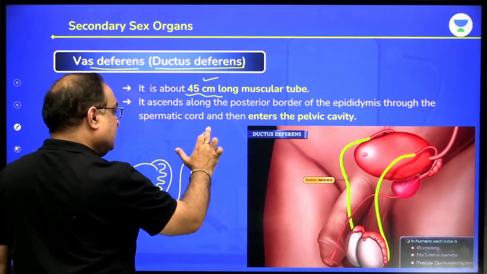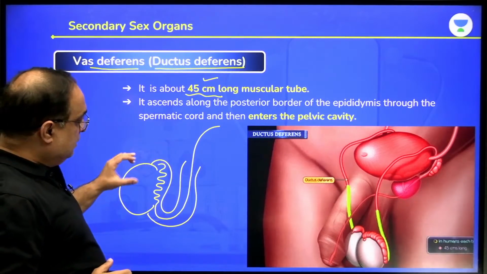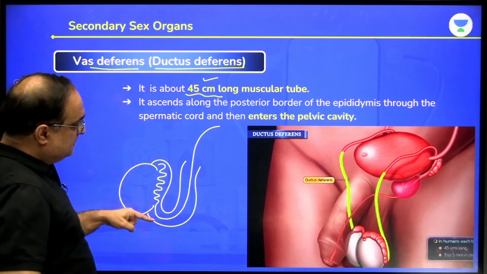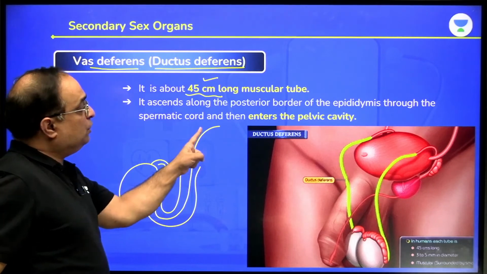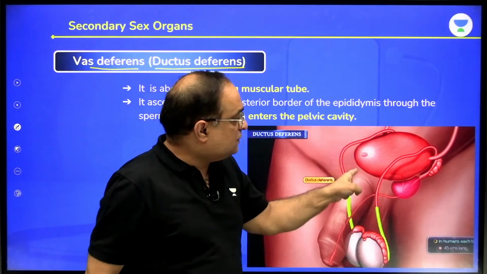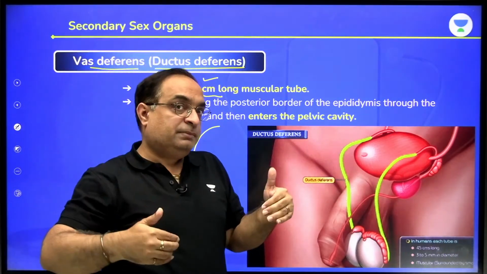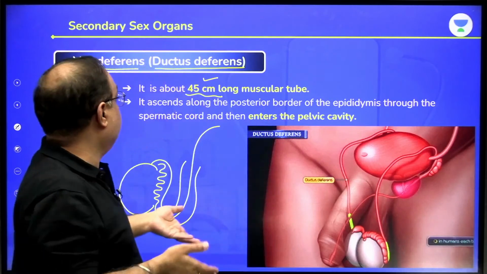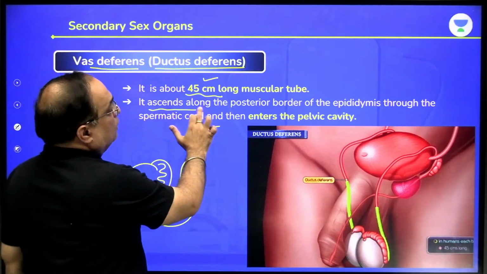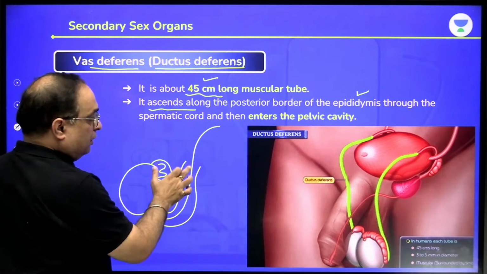So I can say that vas deferens is a long muscular tube which arises from the testes, moves up towards the abdomen and crosses the urinary bladder. You can see vas deferens is crossing the urinary bladder. It ascends along the posterior border of epididymis through the spermatic cord.